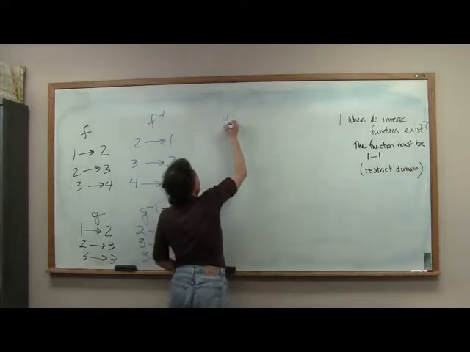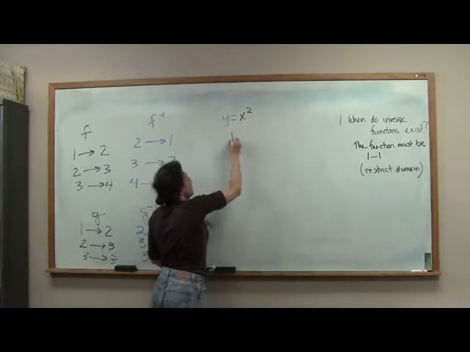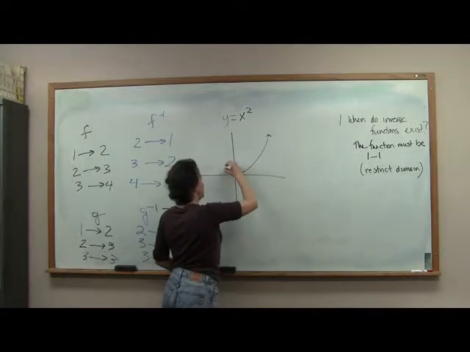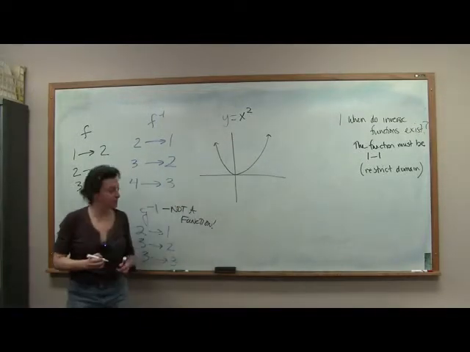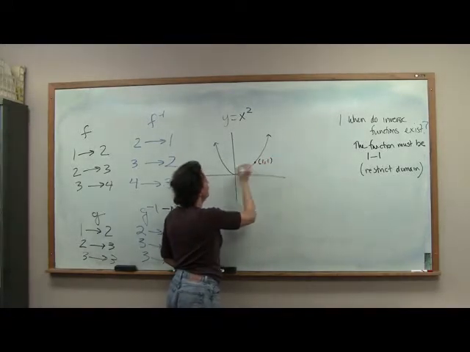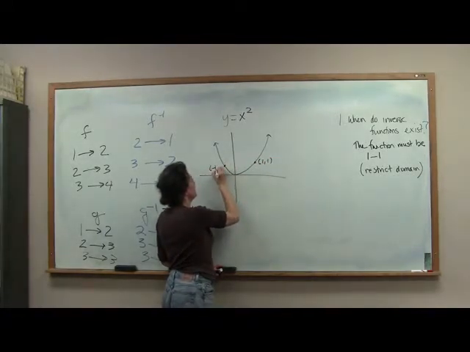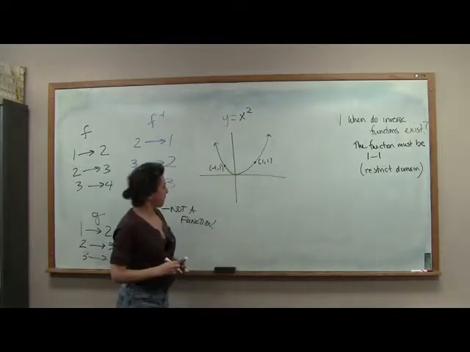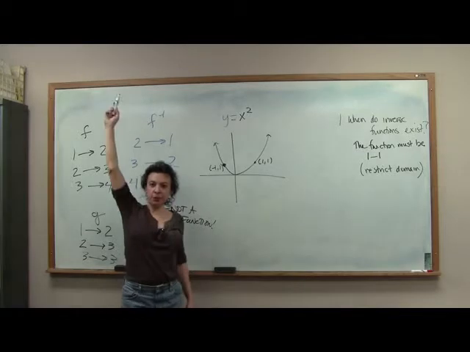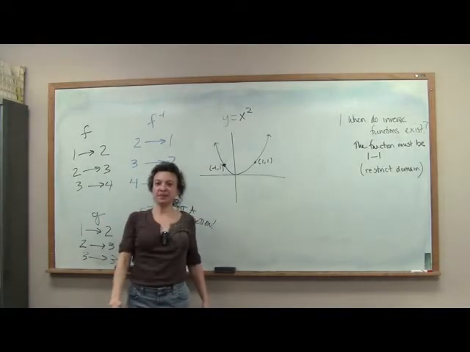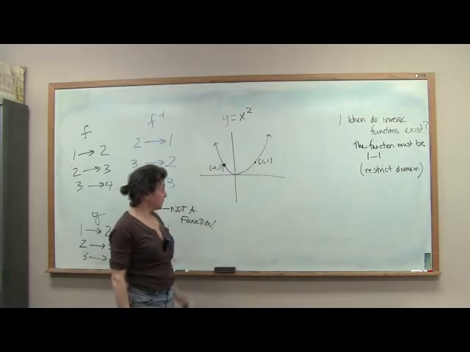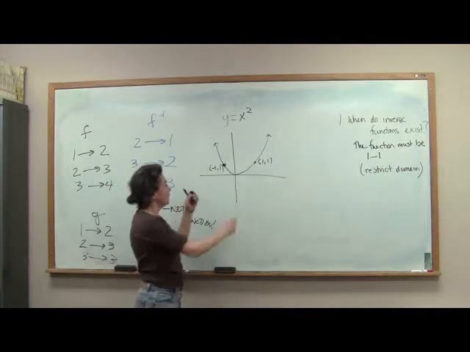So, one of my favorite functions to play with in this class is y equals x squared. And we were playing with that last time when we were doing the shifts. Okay? So here's the ordered pair 1, 1, and remember this takes negative 1 to 1. Okay? This is totally a function. Remember, in order to have a function, it has to pass your vertical line test. Okay? And this is certainly a function.